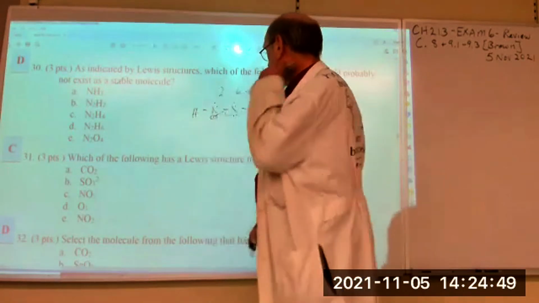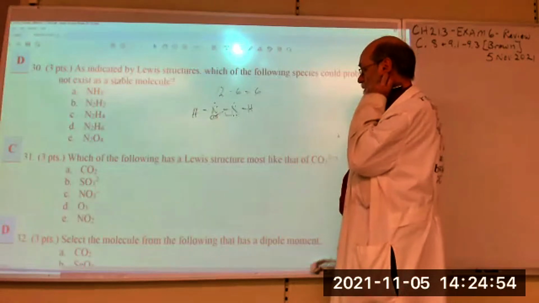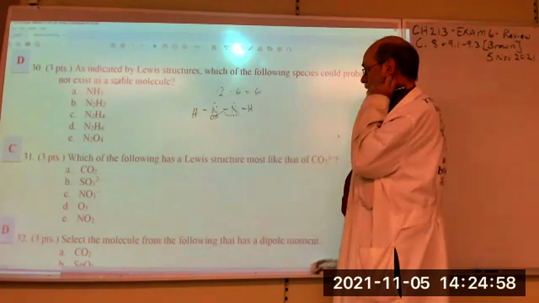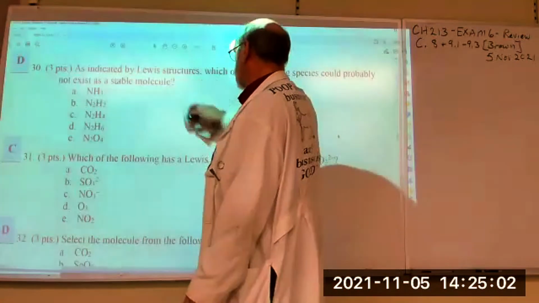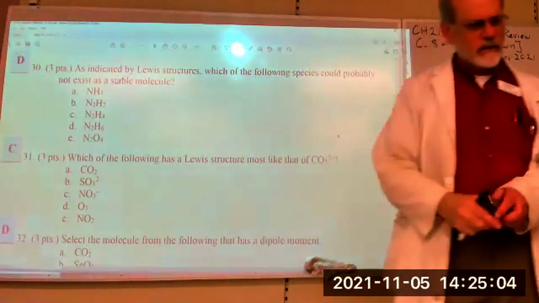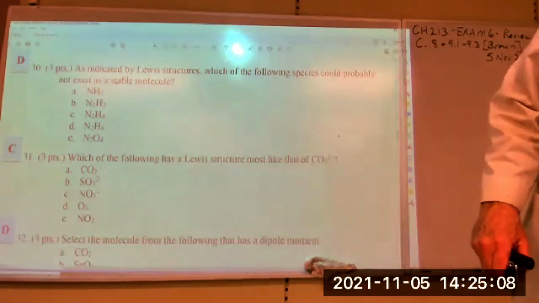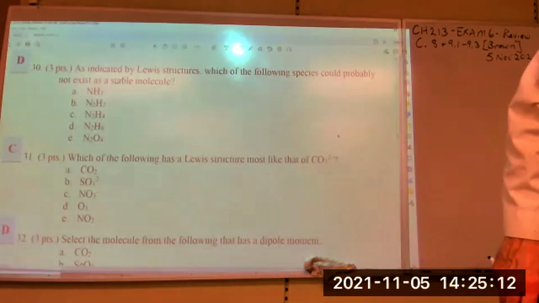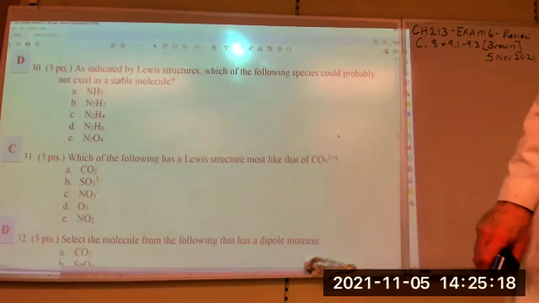So each of those nitrogens would have to have an extra electron on it. Yeah, that one doesn't compute either. Let me see what I was thinking when I answered that one before. 2, 4, 6, 8, 10, 12.